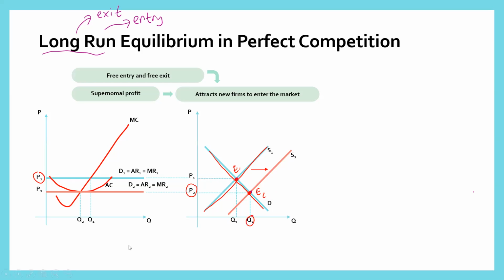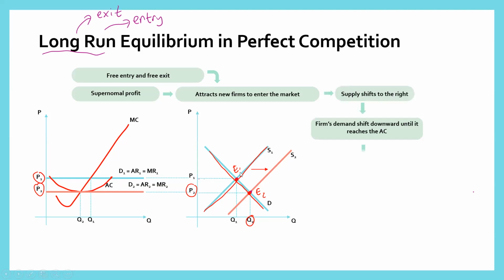So remembering that a firm in a perfectly competitive market is a price taker, the firms will take the market price as their price. So their price curve will be tangent to their average cost.